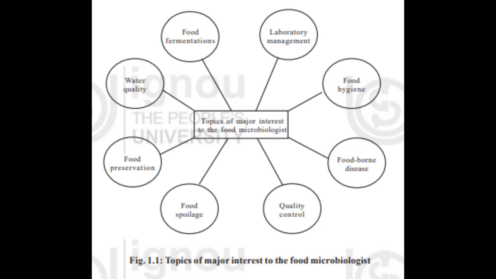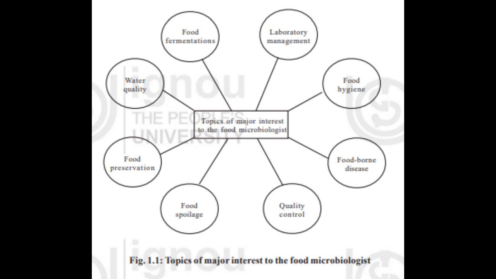Food microbiology is now a highly developed area of knowledge with the main areas of interest highlighted in Fig. 1.1. Fig. 1.1 Topics of major interest to the food microbiologist. Look at the screen. Not all groups of microorganisms are of equal interest to the food microbiologist.